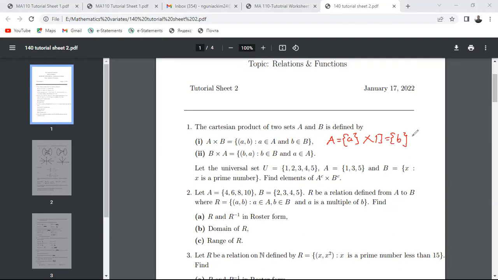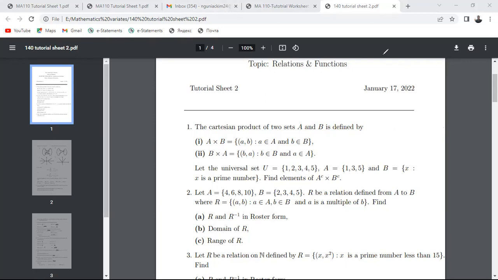Then the Cartesian product is defined as A comma B. That's the meaning of that. So each corresponding element, you'll see when we answer the question, will be given as that. So let's answer the first question.